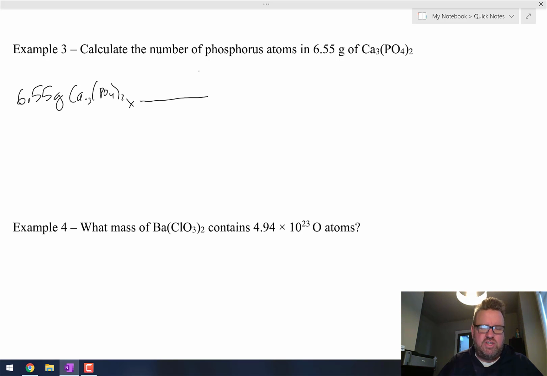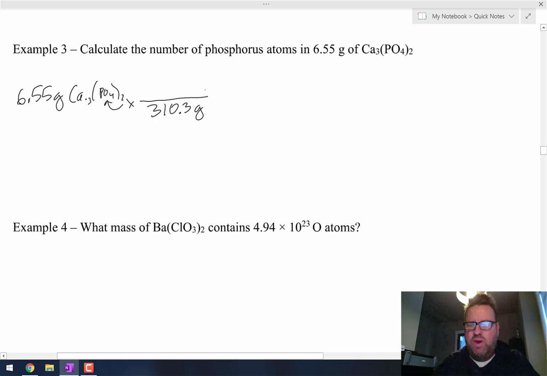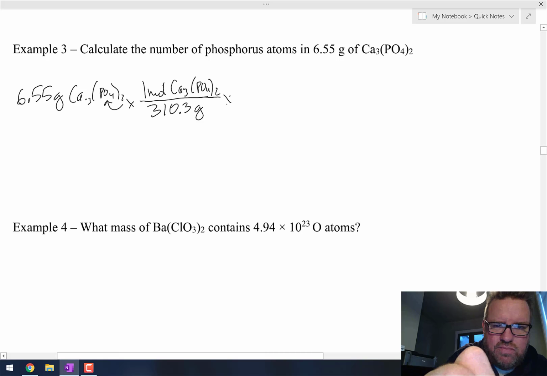Plus phosphorus is 31. There's 2 of them, so that's 31 times 2. Plus oxygen is 16, and again, notice that 2 outside, there's 8 oxygens. Okay, and that equals, and again, check your work as well, 310.3 grams in 1 mole of Ca3(PO4)2.